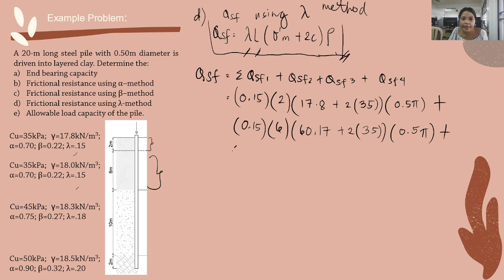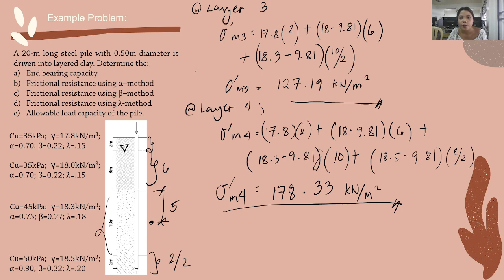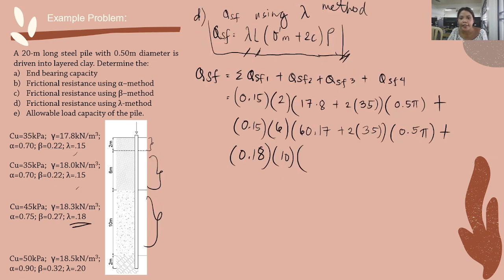Plus, the third layer is 0.18. So, given siya. 0.18 times length is 10 meters multiplied by the effective stress at layer 3, 127.19.